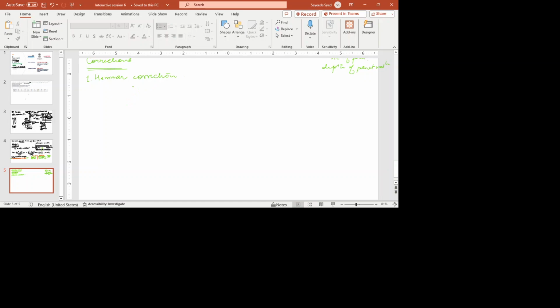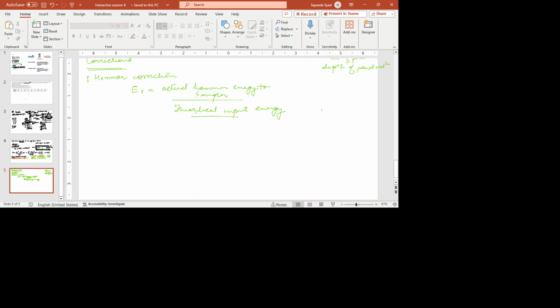So basically, what hammer correction does is it is the efficiency. This is the actual hammer energy to sampler over theoretical input energy.